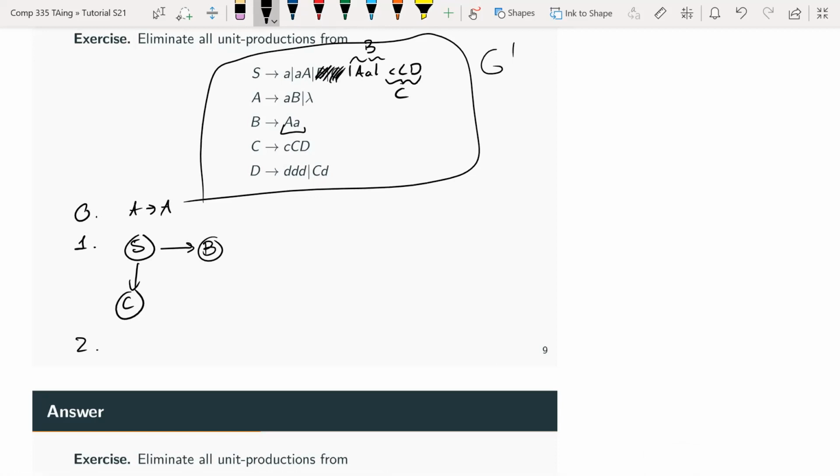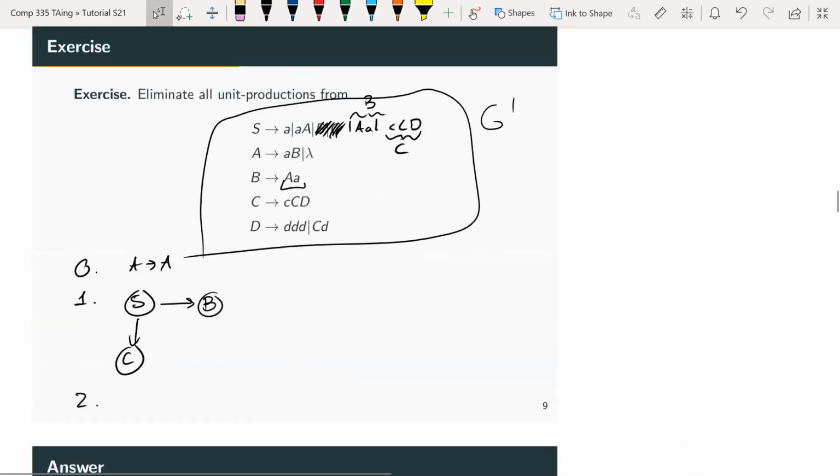Any questions about this? As opposed to the lambda productions, in this one we don't remove the productions. It wouldn't make sense to remove the productions once we remove the units. Yeah, that's right. For the lambda production, we just remove them.